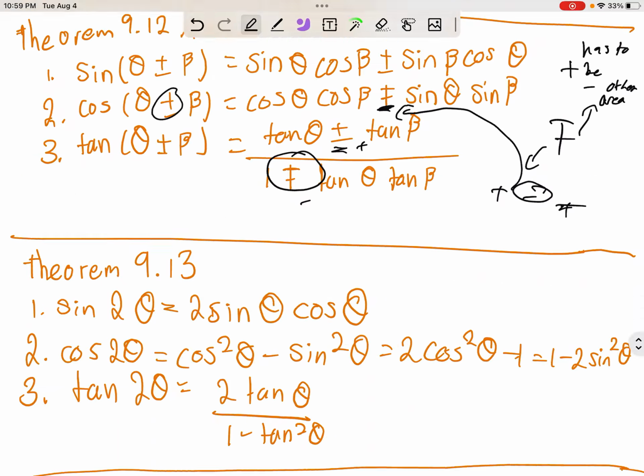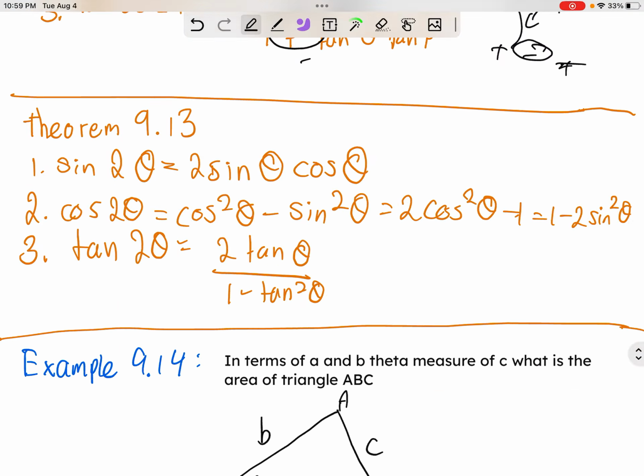Okay, so theorem 9.13 is just the double angle formula. I'll read it out loud if you want. So sine 2 theta will be equal to 2 sine theta cos theta, and cos 2 theta will be equal to cos squared theta minus sine squared theta, which is equal to 2 cos squared theta minus 1, which equals 1 minus 2 sine squared theta.